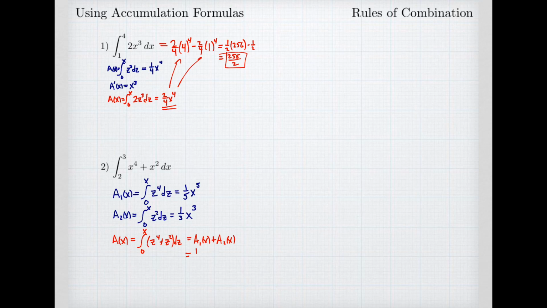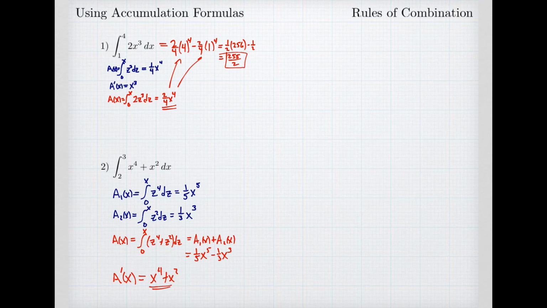So we have 1/5 x to the fifth plus a third x to the third. Okay? The rate of this accumulation function is my x to the fourth plus x squared function. And that's what we see inside the integral.